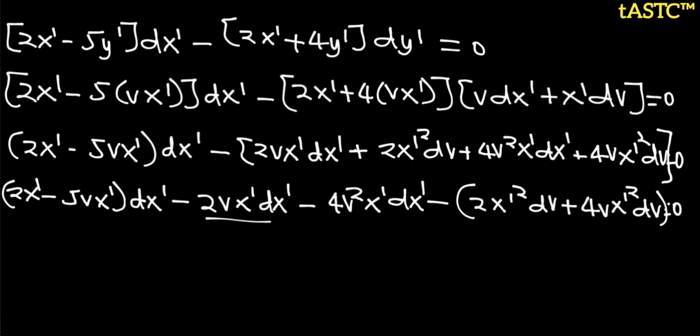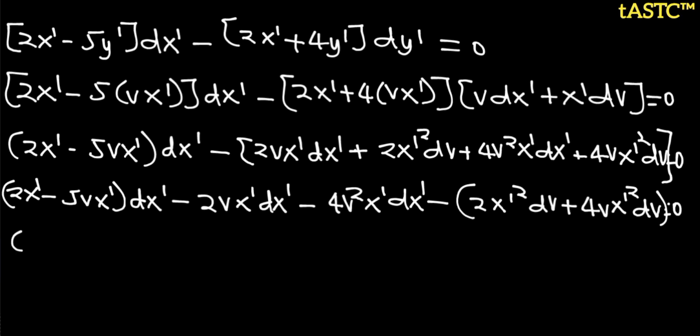So here now we have these two terms. We can add them together. So you have minus 5v x prime, and here we also have a minus 2v x prime. That should give us a negative 7v x prime. This also comes into the bracket. That is because we have these common terms for each of them. So basically we are factoring out a dx.